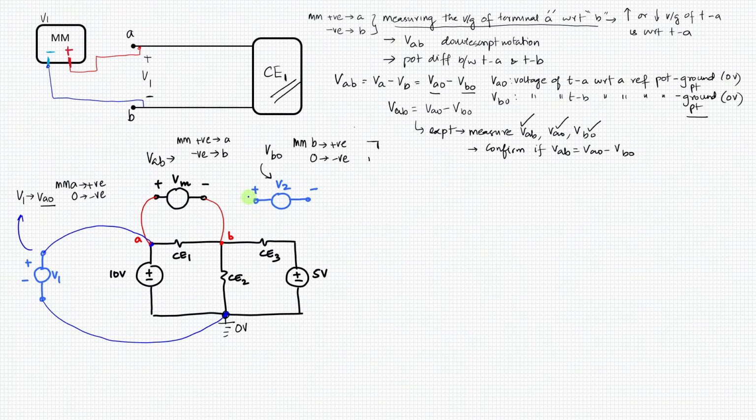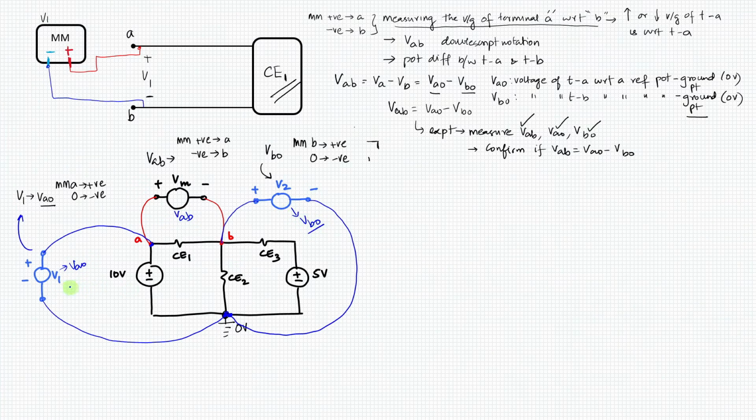The positive terminal of V2 I am going to connect to B, and the negative terminal of the voltmeter I am going to connect to 0 volt. So VM will give me VAB, V1 will give me VA0, and V2 will finally give me VB0.